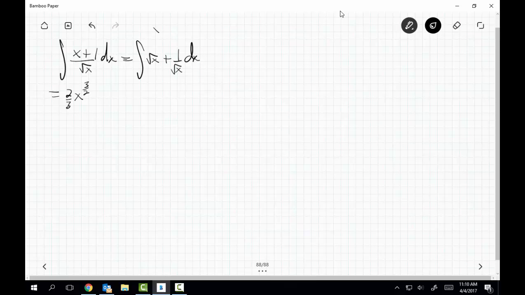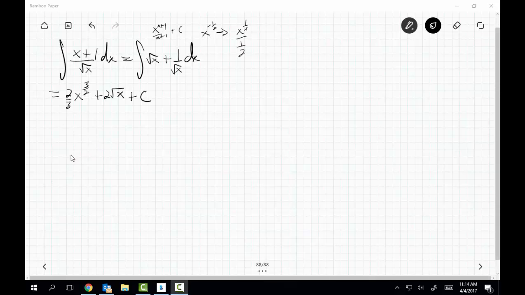I just did the x to the n plus 1 over n plus 1 plus c thing, right? The antiderivative of 1 over root x, I've memorized this. It's not a bad idea for you to memorize this as well, but it's 2 root x, because x to the negative 1/2 turns into x to the positive 1/2 divided by 1/2, which is 2 root x, and then plus c.